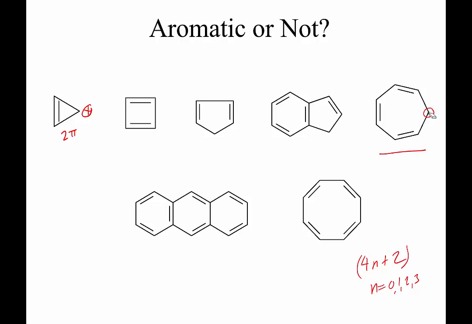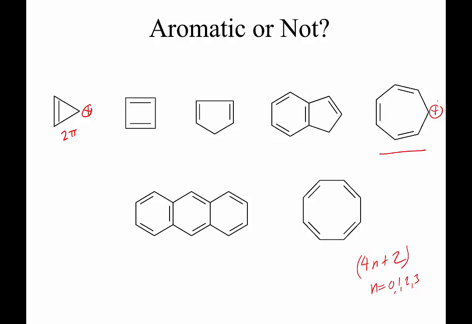I could make it a carbocation. So if I make that a carbocation, is it aromatic? And the answer is yes. And that's the tropylium ion that was, I think, in your online quiz. If I put a negative charge, well, let's deal with the negative charge in a couple minutes, because if I put a negative charge there, we've got to really think hard about what happens.